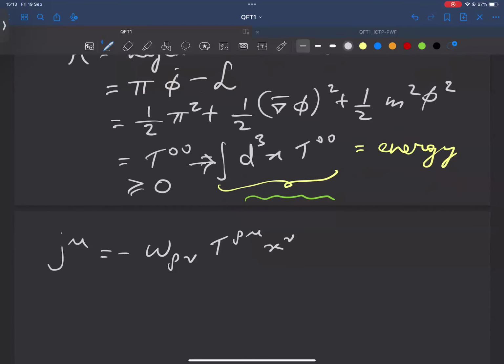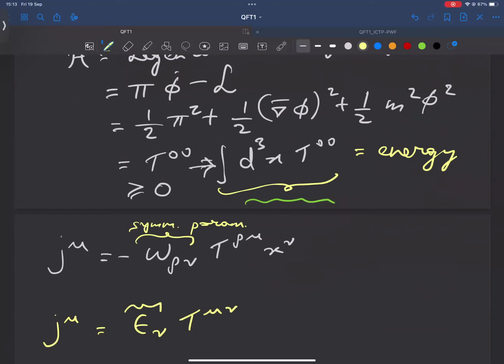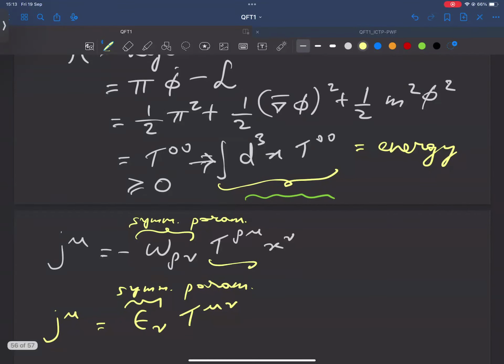So now we can identify it. Just like this is the symmetry parameter, for instance, recall that in the stress tensor case, we had this symmetry parameter associated with the symmetry, and this was the stress tensor. So now you see this quantity, we can write like this, right? J mu rho nu.